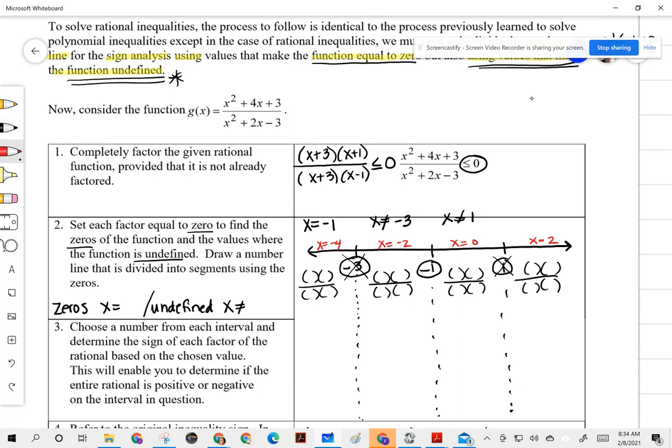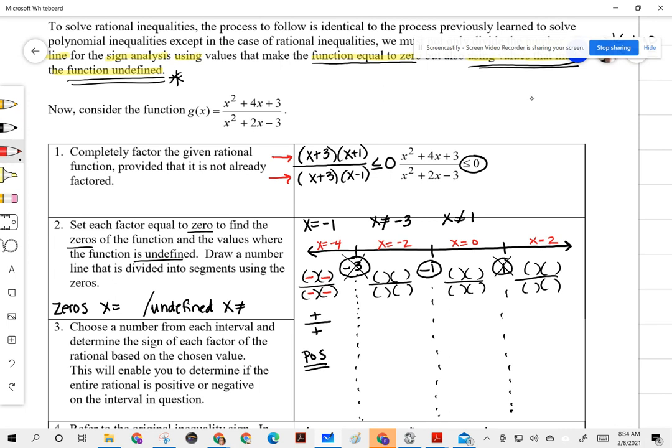When I plug in -4 into each one of these guys, -4 plus 3 is a negative, -4 plus 1, and then I've got -4 plus 3, and then -4 minus 1. And so you can see now that what that gives me is a positive over a positive, and so that's going to give me a positive portion of my interval.